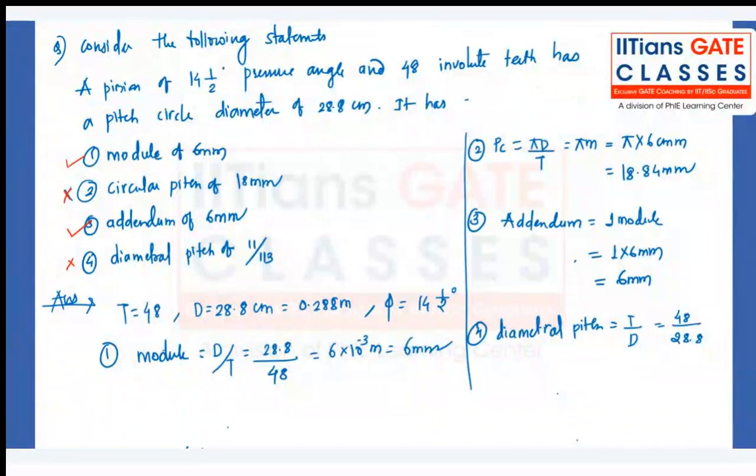So the correct statements out of these are statement number one, which is module is equal to 6 mm, and the other one is about the addendum.